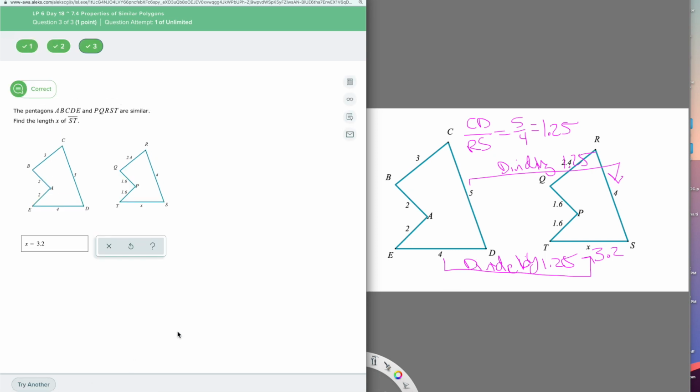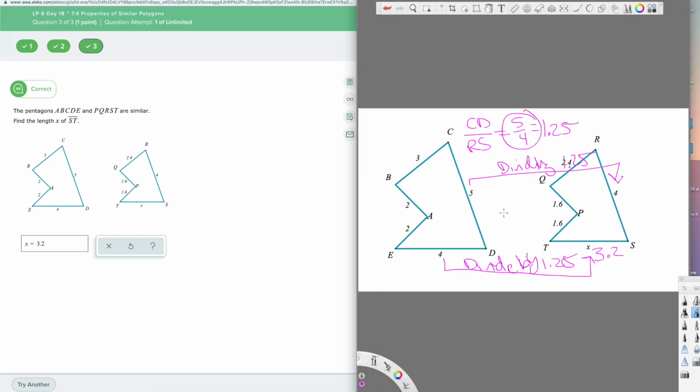You can also, like I said, set up a proportion using this scale factor. So you'd have 5/4 equals, since 5/4 is the scale factor, 4 on the top, because it comes from the same shape as 5, and then over X, because that's corresponding to the 4 here, and we use cross products.